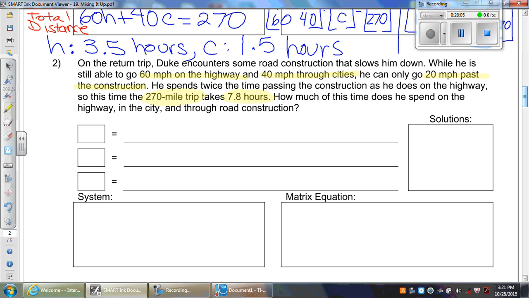All right, so now we're talking about 3 different sets. The first one will be the highway. The next one will be the city. And now we have construction, so we cannot use C again, so we're going to use N. Let's go ahead and define our variables. H will be the amount of time driving on the highway.